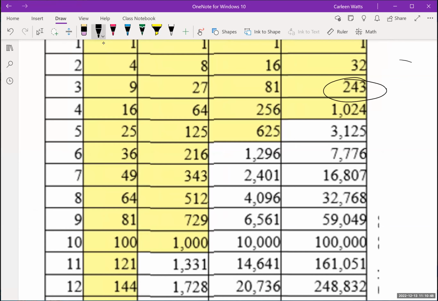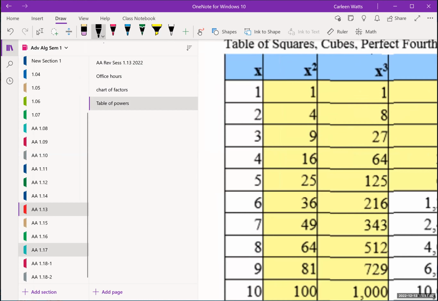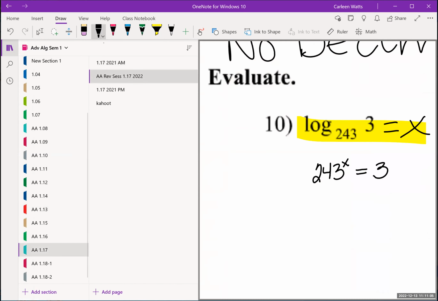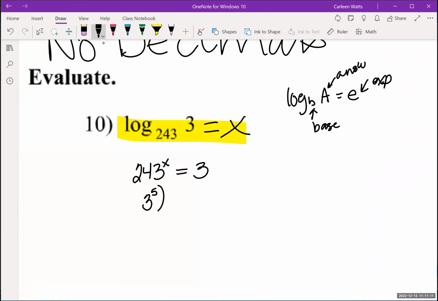Look right here. 243 is 3 to the 5th. So I'm going to change this to 3 to the 5th, so we get them into the same base.